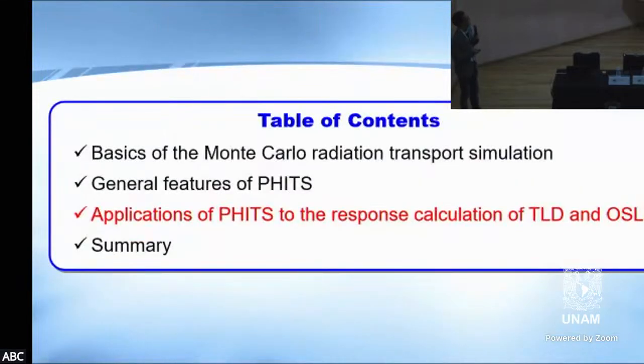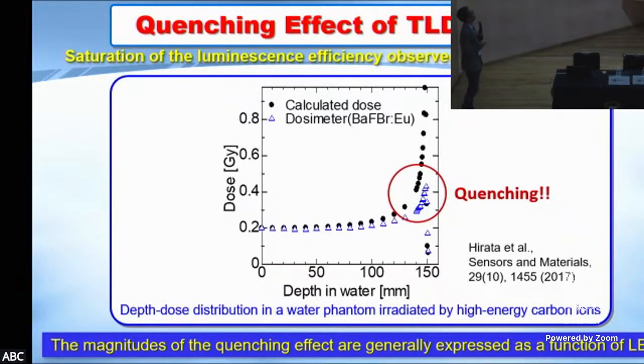Okay, now I go back to the main topic, the application of PHITS to the response calculation of TLD and OSL. For this purpose, we focus on the quenching effect of TLD and OSL that causes the saturation of luminescence efficiency observed at high LET irradiations. This graph shows the calculated and measured depth dose distribution in a water phantom irradiated by high energy carbon ions.